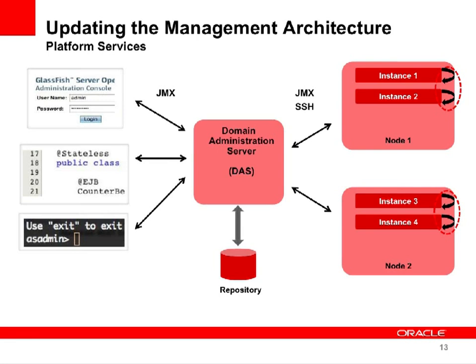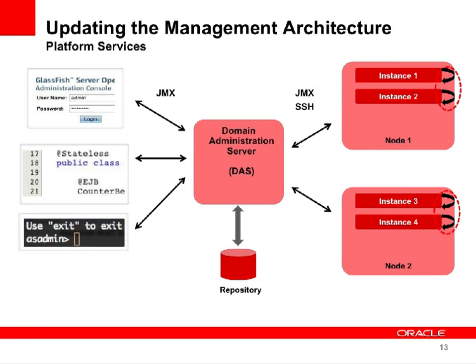So now what about the watchdog role that the node agent offered? What we do with that in GlassFish Server 3.1 is we use platform services. A platform service we refer to as the operating system service that can manage applications, manage the life cycle of applications. So in the Windows operating system, you have a Windows service.